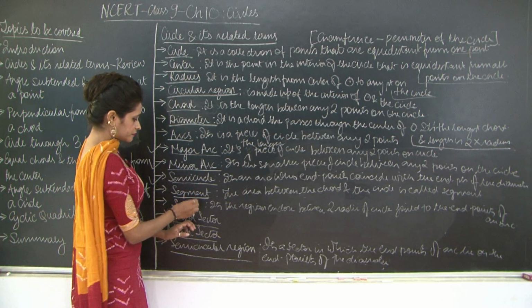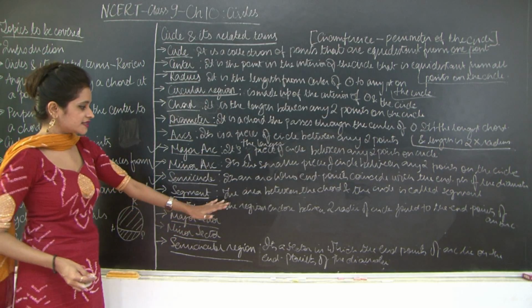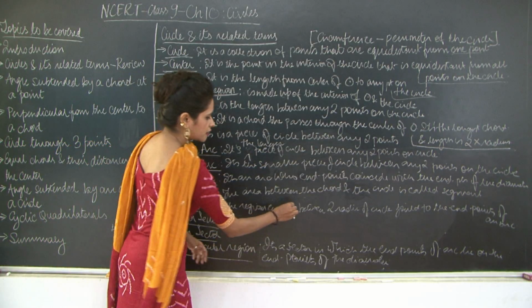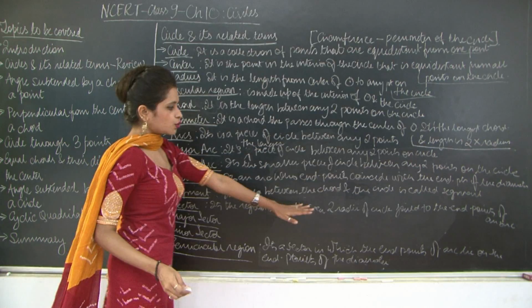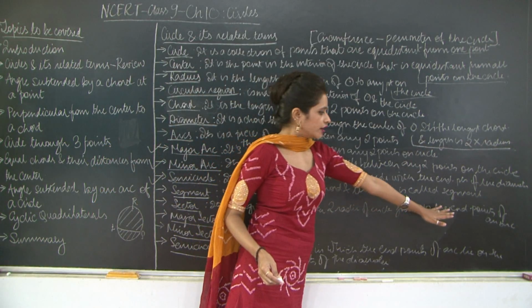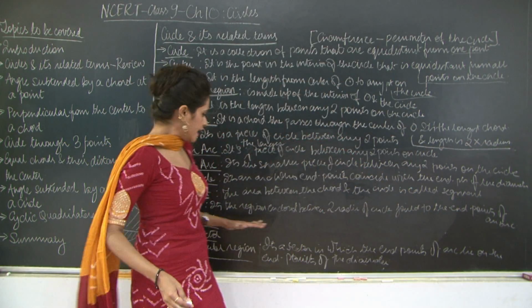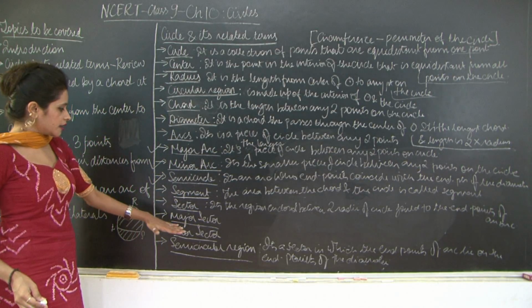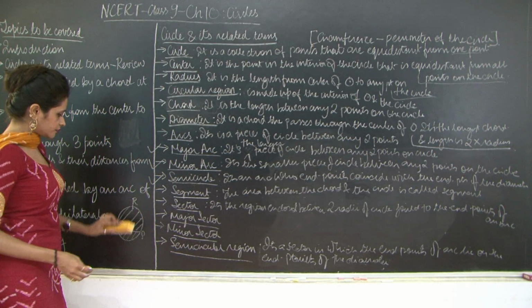Now coming to sector. Sector is the region enclosed between two radii of the circle joined to endpoints of an arc. And then for the sectors we have the major sector and minor sector.